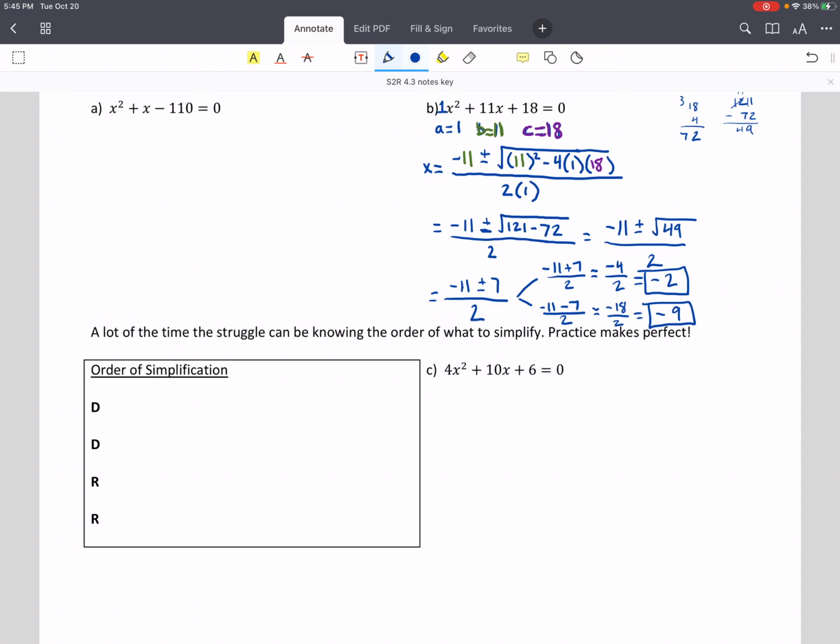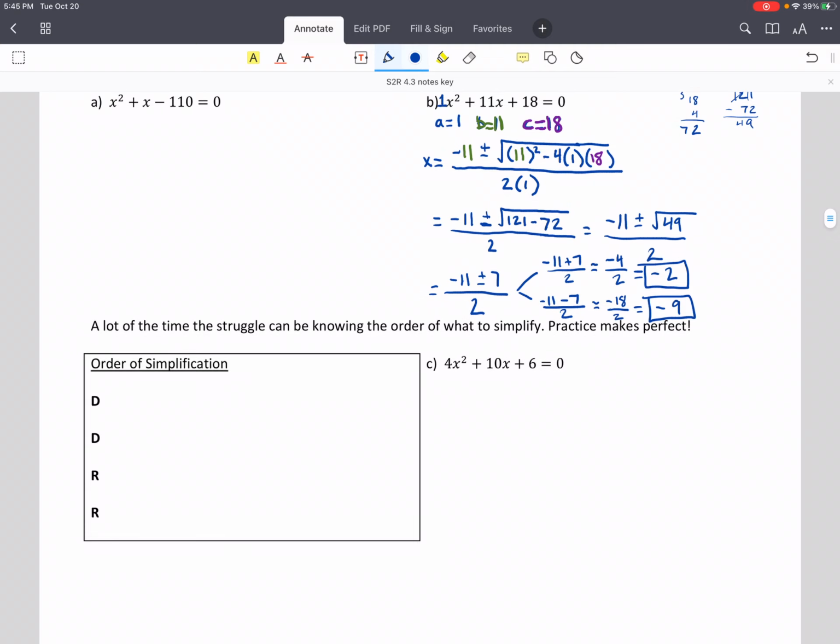So I made this little DDRR, kind of like DDR, Dance Dance Revolution, but it's not even close. Basically, your order of simplification, maybe we should start by actually doing the problems, and you can figure it out. a equals 4, b equals 10, c equals 6.